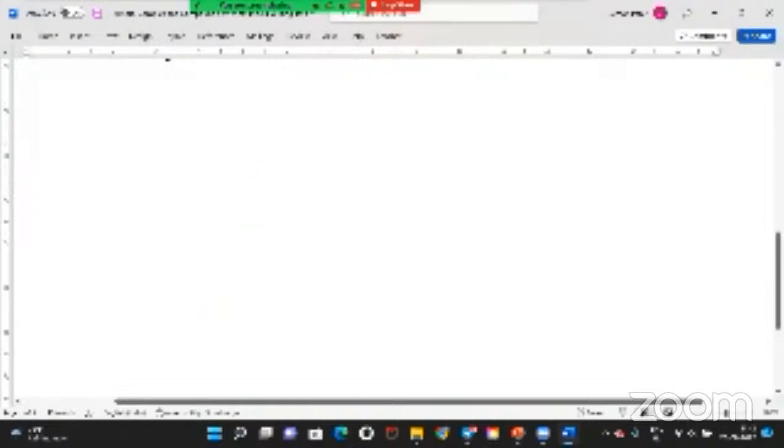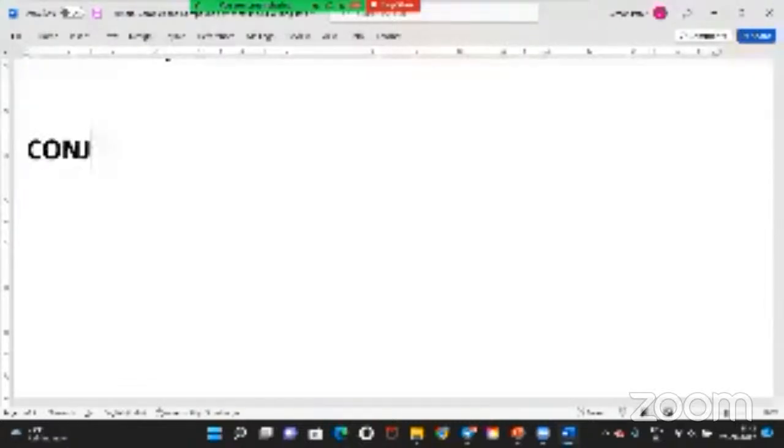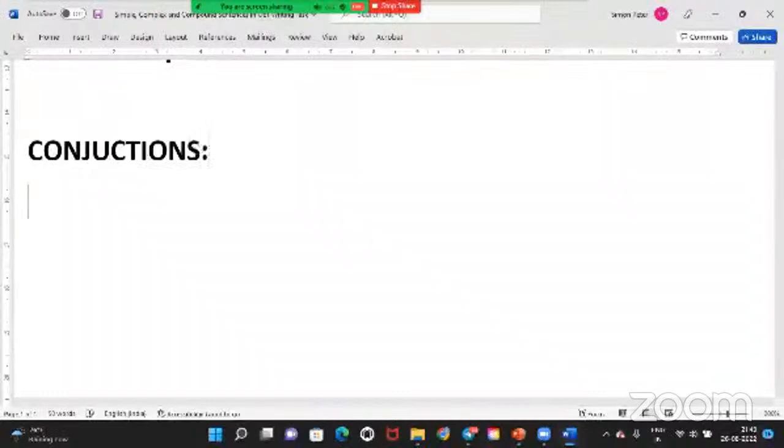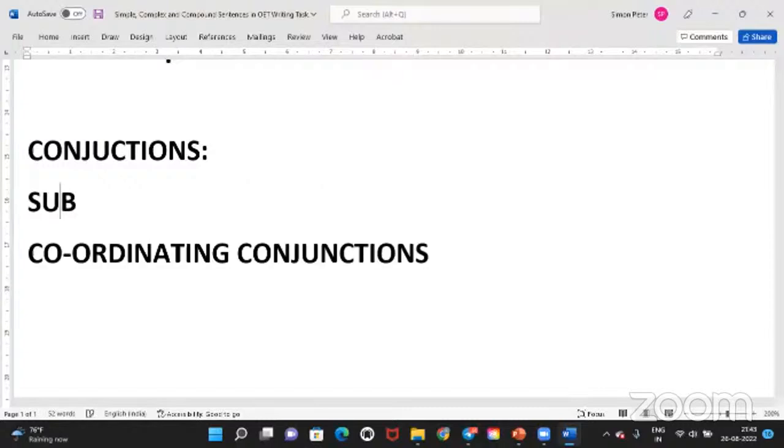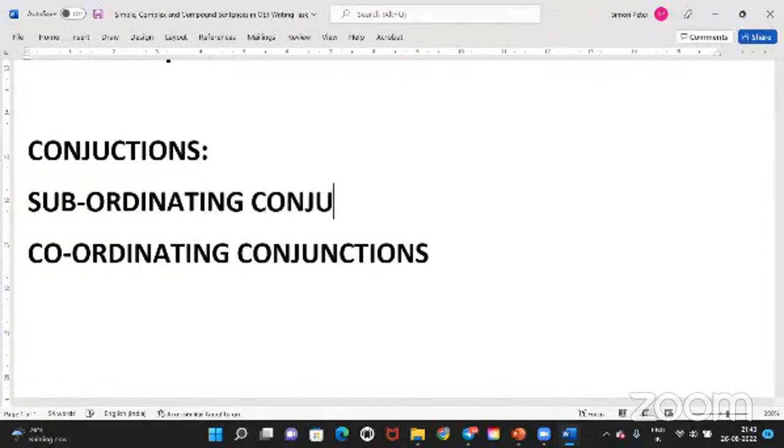Conjunctions are of two types: coordinating conjunctions and then subordinating conjunctions. Now, what are coordinating conjunctions and what are subordinating conjunctions?